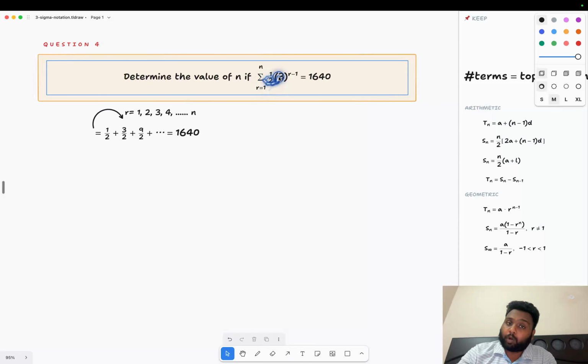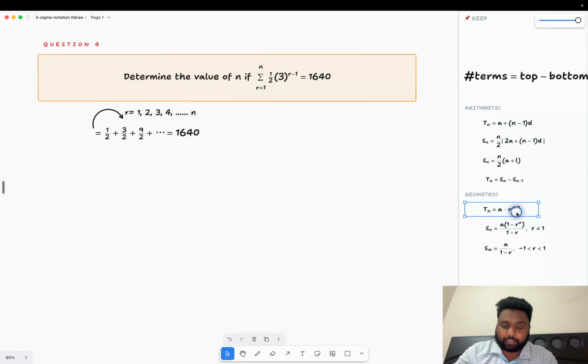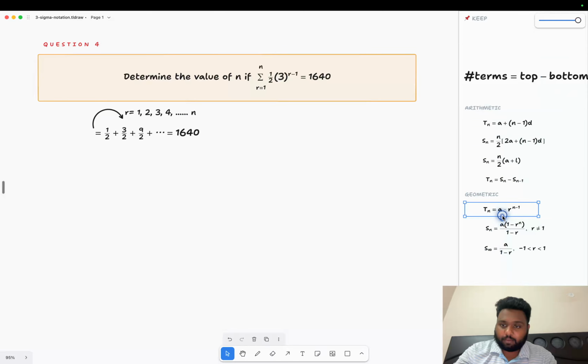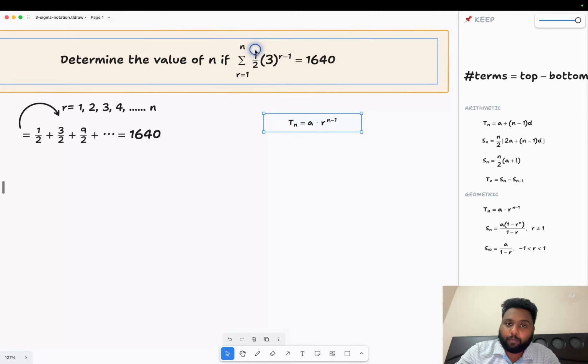And this formula also represents the same. If I compare this to a formula like this, I can easily see that the value of a is 1 by 2 and the value of r is 3.